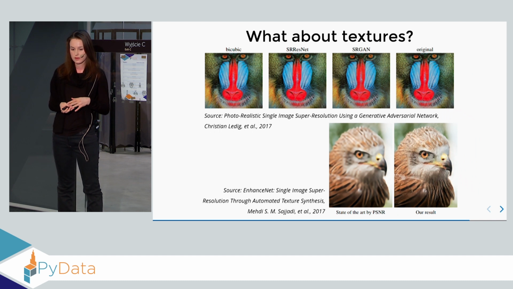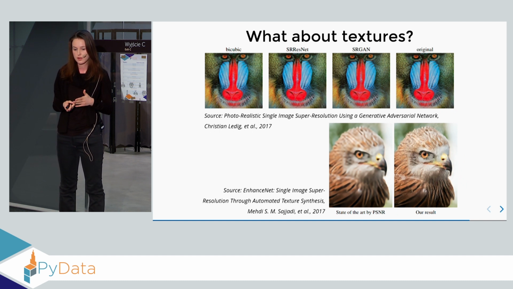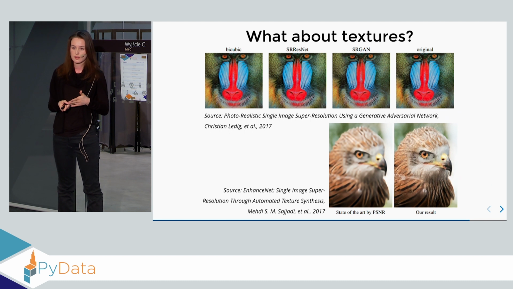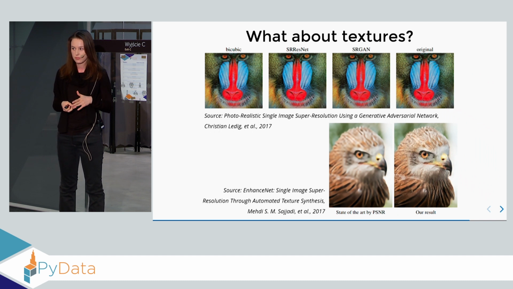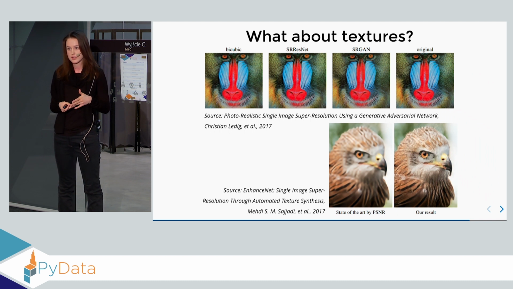So one of the solutions is to use generative adversarial networks, which again does not score high PSNR because of the textures they generate, because they don't match exactly pixel to pixel with the original image. But you can see that this looks more natural.